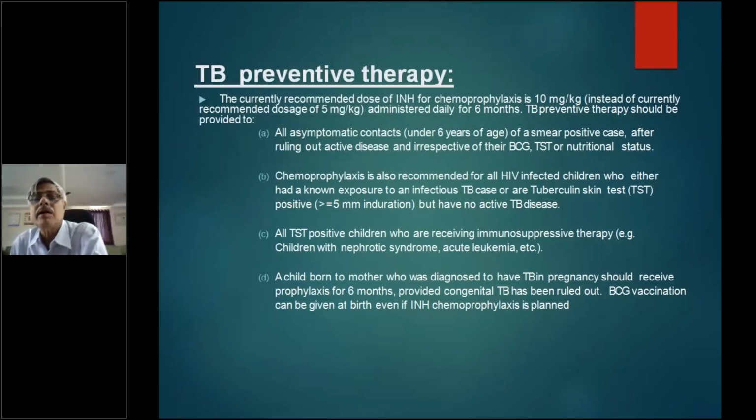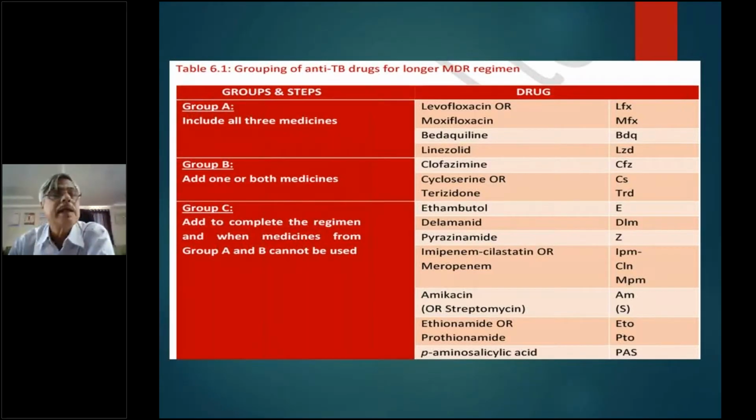Chemoprophylaxis is also recommended for all HIV infected children and all TST positive children who are receiving immunosuppressive therapy like for nephrotic syndrome or leukemia. A child born to a mother who was diagnosed with TB in pregnancy should receive prophylaxis for 6 months. Previously, isoniazid was given at 5 milligrams per kg body weight. Now it is 10 milligrams per kg body weight.